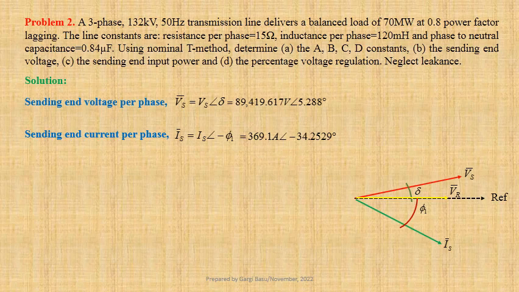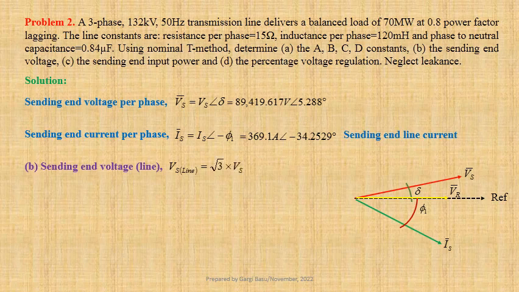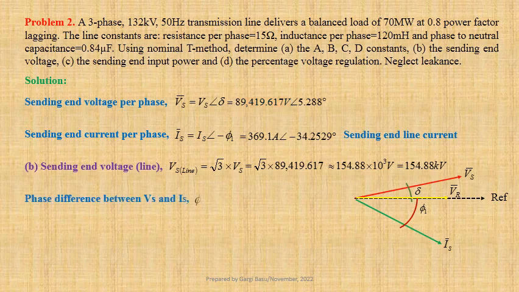For star connected system, sending end current per phase equals sending end line current, and line to line sending end voltage Vs line equals root 3 times Vs, that is equal to root 3 into 89,419.617, which is approximately equal to 154.88 into 10 to the power 3 volt or 154.88 kilovolt.